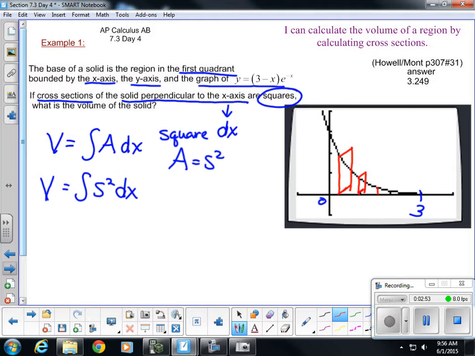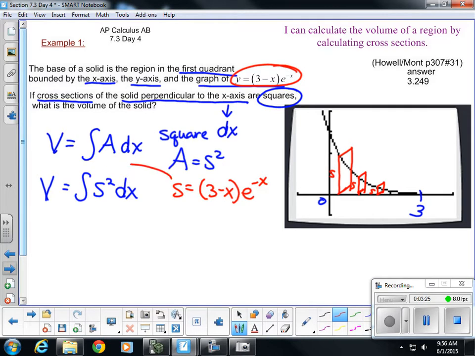So notice we have squares sitting here on top of this area, an infinite number of squares from 0 to 3. So you notice that the side of each of these squares is measured, and remember all four sides are equal on a square. The side is measured by your curve's equation. So S is equal to 3 minus x times e to the negative x.